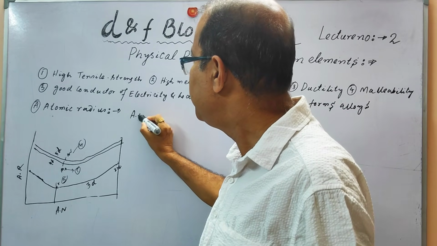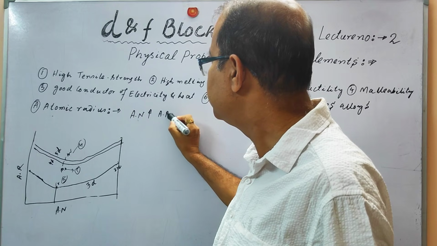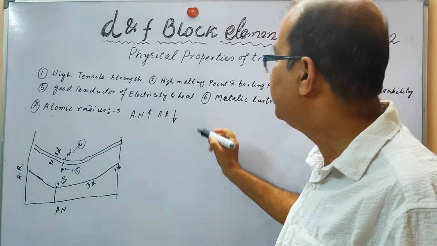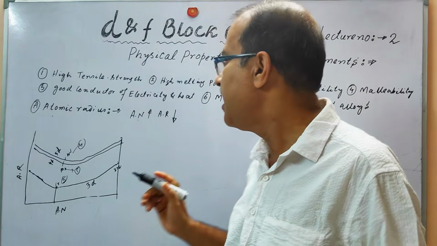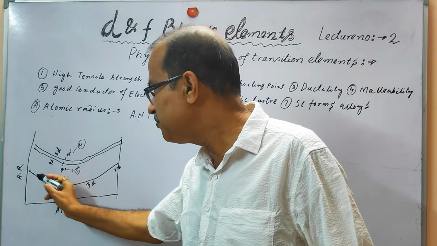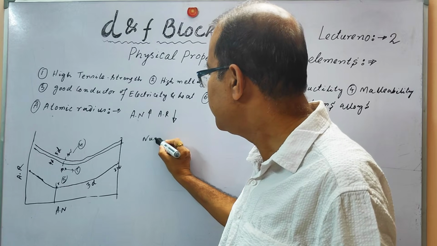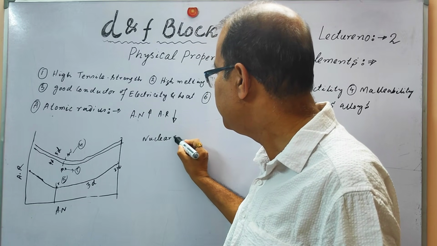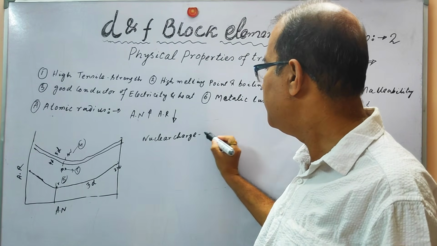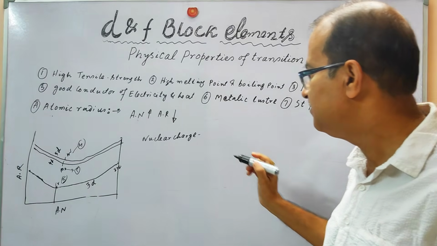So as the atomic number is increasing, the atomic radius is decreasing up to the middle of the series, after that it becomes fixed, and at the end it is again increasing. This is due first to the nuclear charge. The main thing is that the nuclear charge is increasing, and it influences this decrease in the atomic radius.